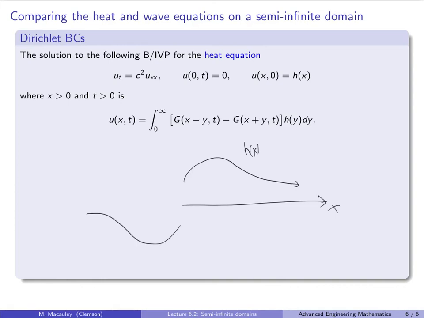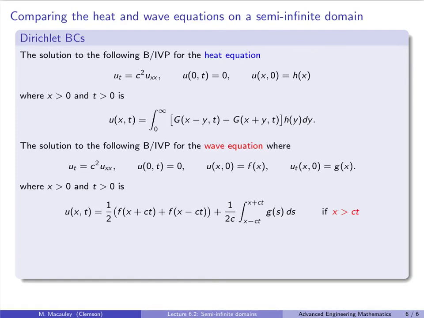That's what we learned to do in the previous lecture. For the heat equation, the solution is the integral from 0 to infinity of the heat kernel, or fundamental solution, g of x minus y, t minus g of x plus y, t, times the initial condition, integrated with respect to y.